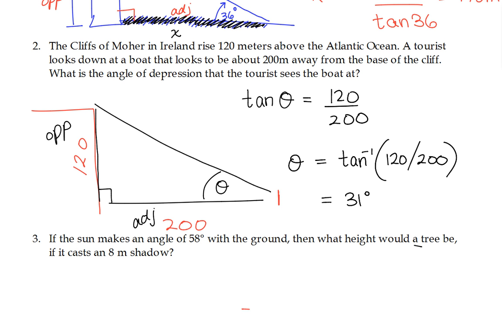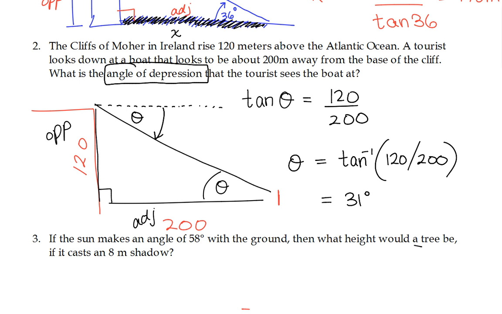Did we answer the question? What did it want? And then what you can do is if you sketch this horizontal line, the angle of depression goes down from the horizontal. And what do you know about those two angles? Yeah. So if you're ever asked to find angle of depression, just find angle of elevation, because it's the same.